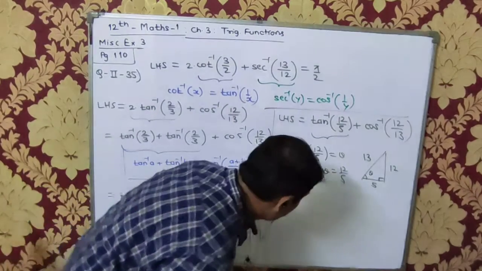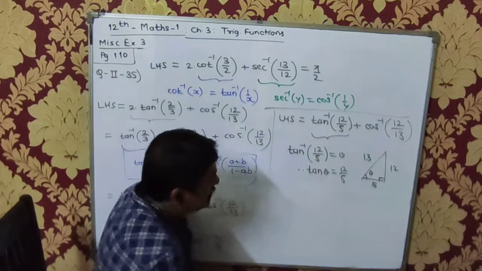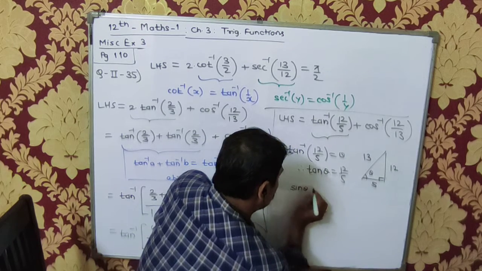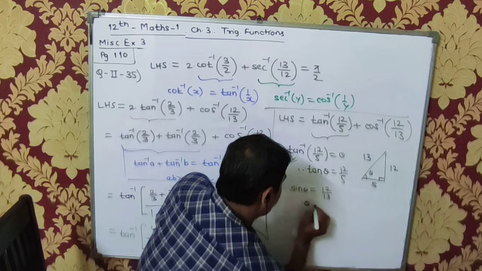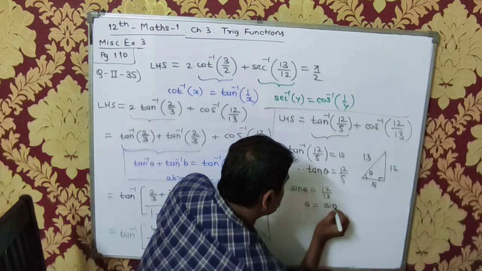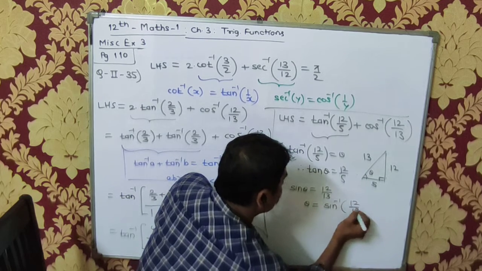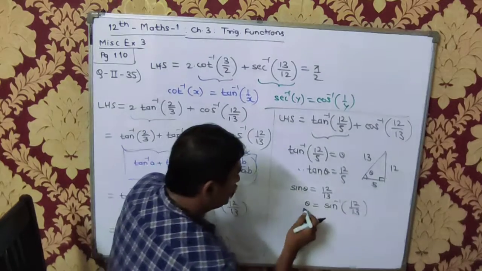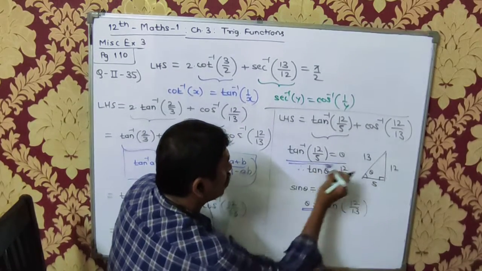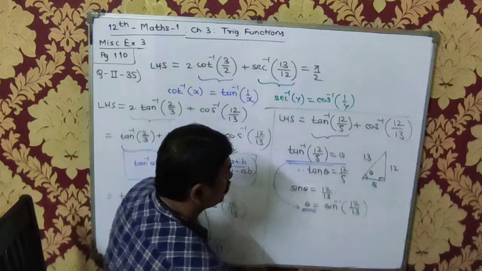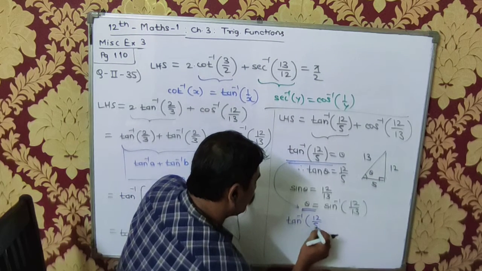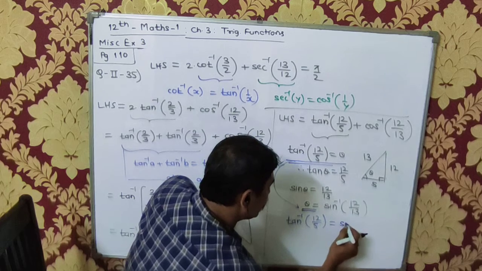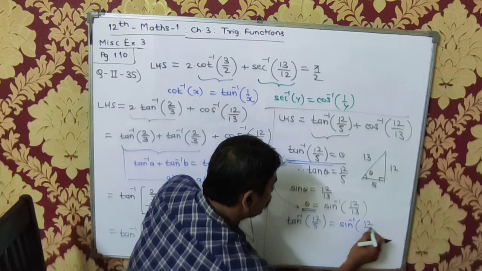So can you tell me what sin theta is equal to? Sin theta is equal to 12 upon 13, and therefore theta is equal to sin inverse of 12 upon 13. But theta is tan inverse of 12 by 5, so substitute for theta here. Therefore we get tan inverse of 12 upon 5 is nothing but sin inverse of 12 upon 13.